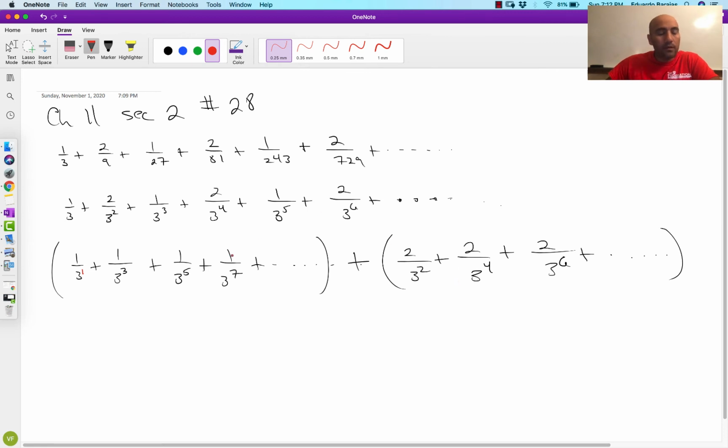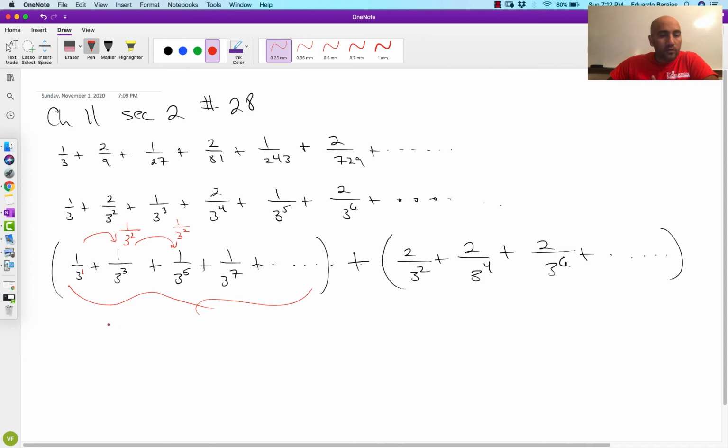Okay, so this is a geometric sequence where to go from one term to the next, we always multiply by 1/3 squared, starting at 1/3. Right? So 1/3 times 1/3 squared gets you to 1/3 cubed, and then 1/3 cubed times 1/3 squared is going to get you to 1/3 to the 5th, and so on and so forth.